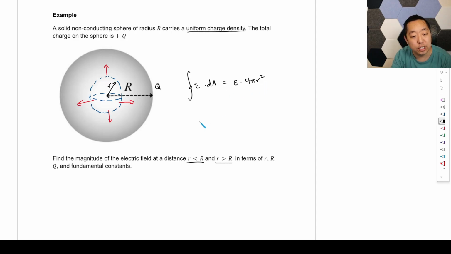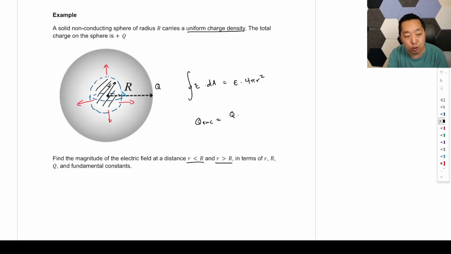Okay, and then the charge enclosed is going to be a volume charge density. Now, the thing is we only know the total charge. So in this case, this is more of a geometric question. You have to say, well, it's based on the volume of charge we've enclosed, right? So it's Q times a fraction of the charge, and the fraction is the volume of this sphere divided by the volume of the entire sphere.